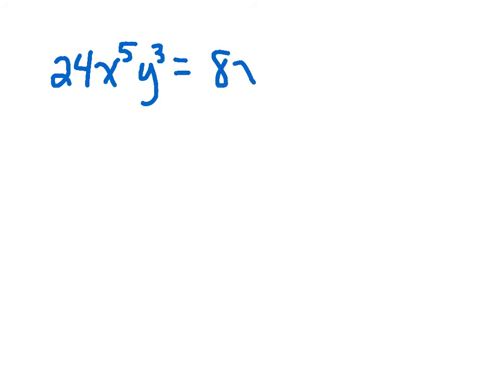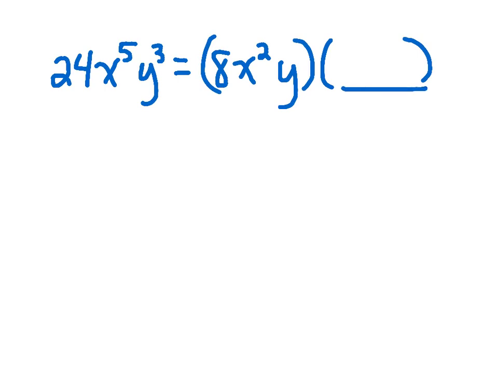There is one other aspect to tonight's homework, which I find that kids are usually pretty intuitive about. If I say 24x to the 5th y to the 3rd is equal to 8x squared y times what number? And I ask you to find that mystery number. There are a few ways of thinking about that.